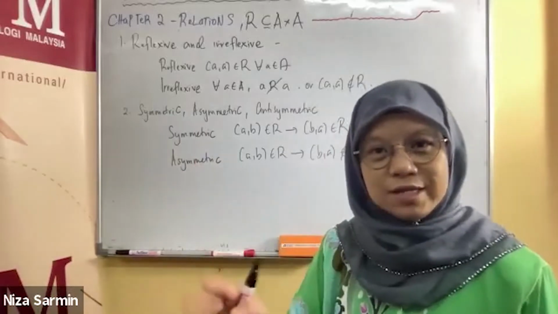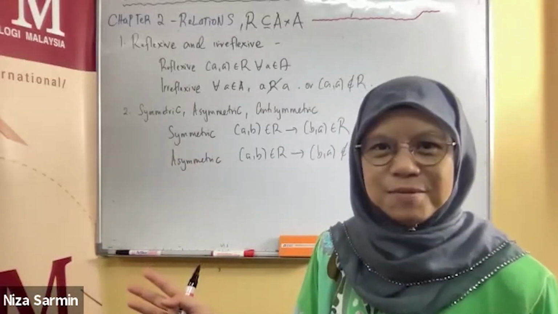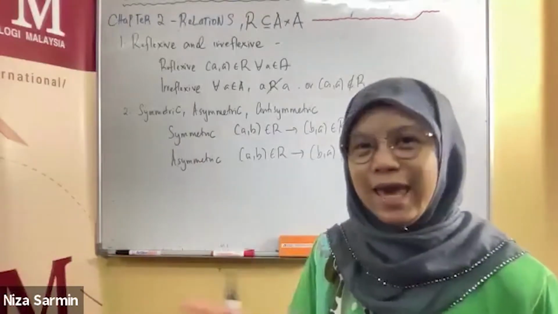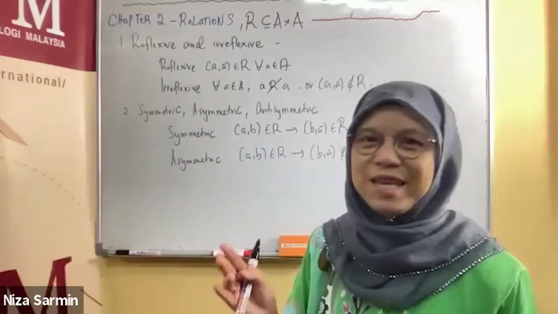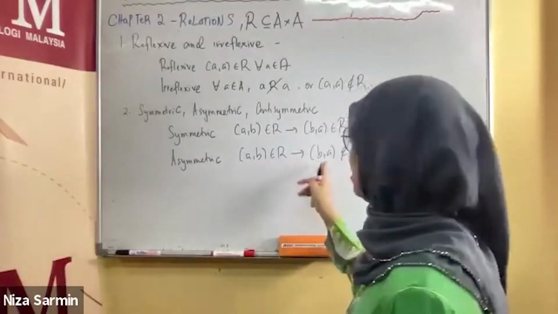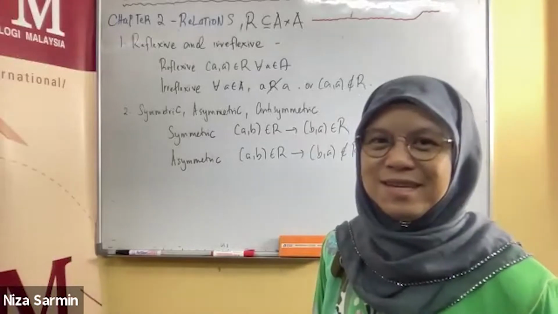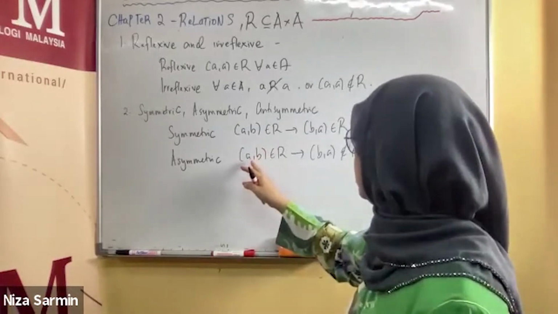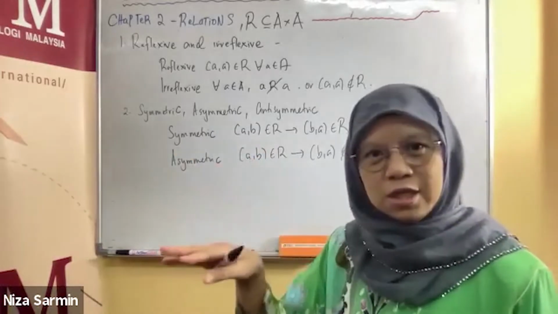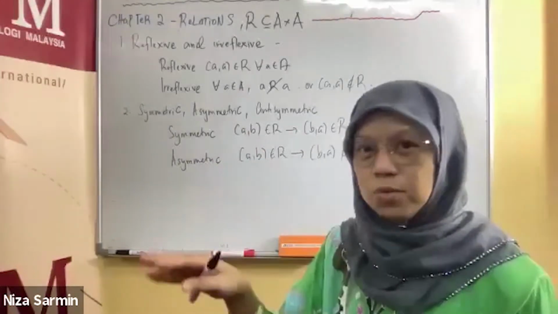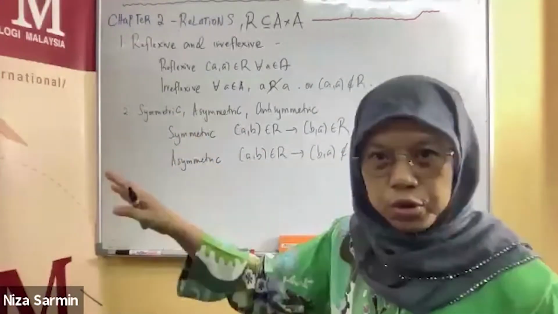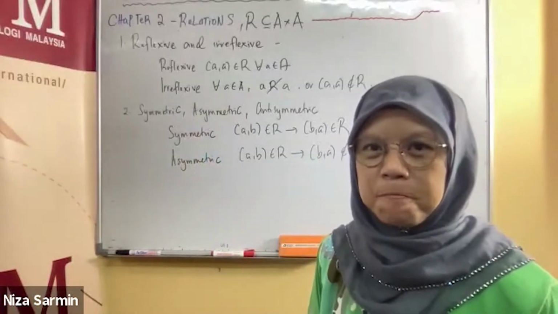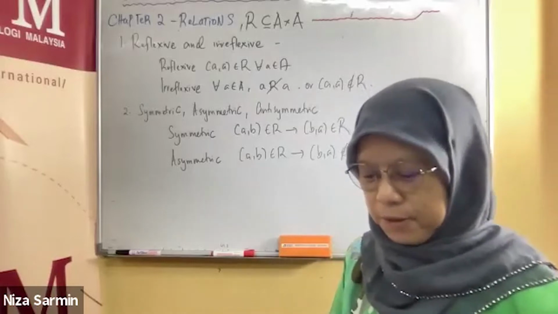Asymmetric means if there is an (a, b), there cannot be a (b, a). All right, so you know there cannot be (a, a), because if there is an (a, a) then it is there, right? For this one, if there is a (1, 2), look, is there a (2, 1)? Okay, if there is a (2, 1), it can be both not symmetric or non-asymmetric. Okay, then we will see more examples.